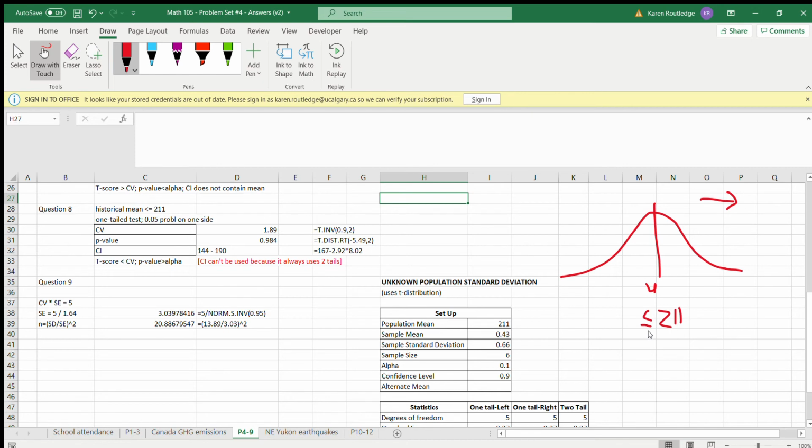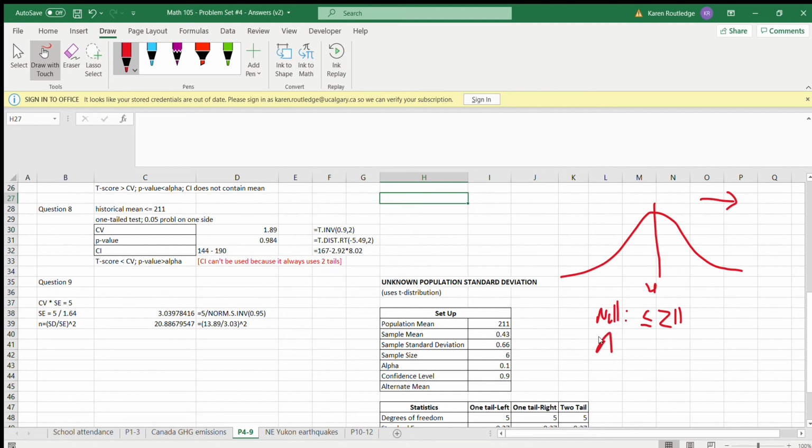Does that equal to matter? Yes and no. Formally, yes. The combination of the null hypothesis and the alternative to the null hypothesis has to cover all possible options. So there can't be values that are not included in at least one of those. So this is my null.